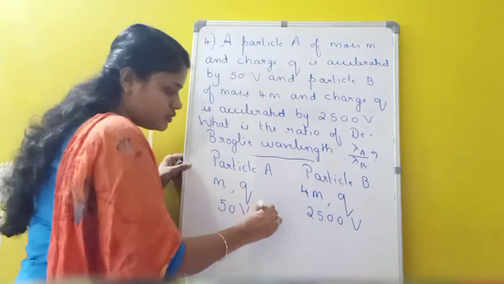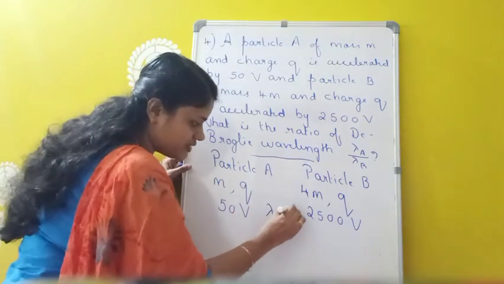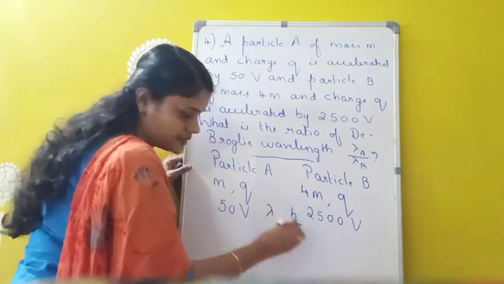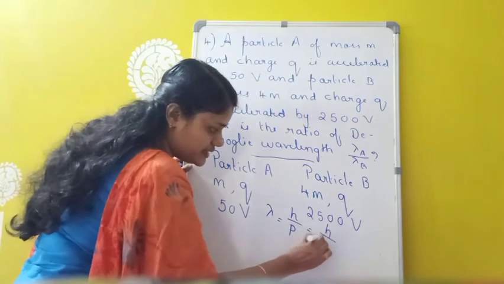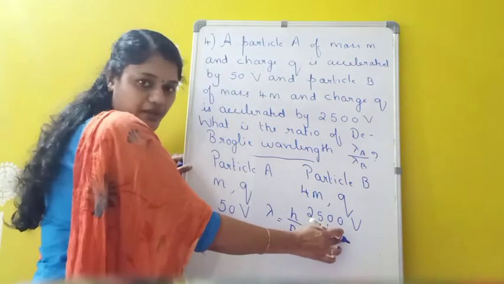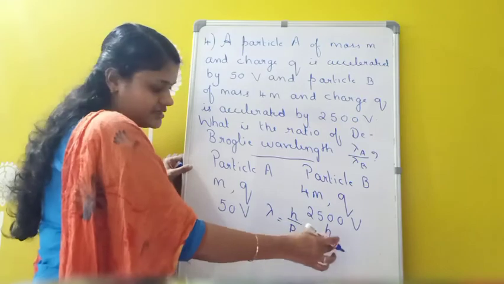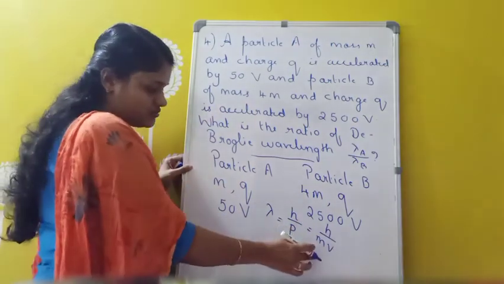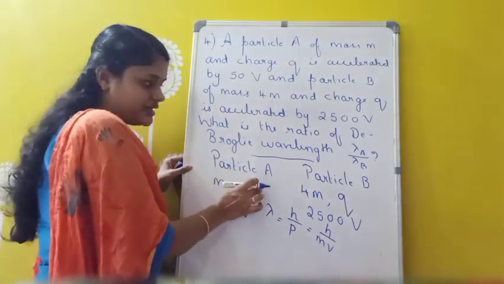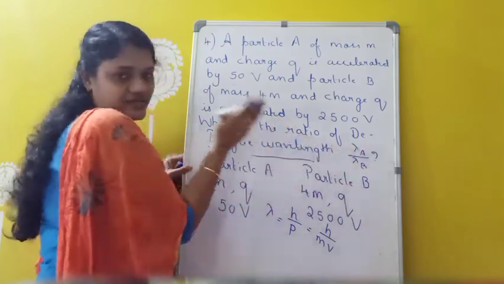Okay, the de Broglie wavelength formula is lambda equals h by p. P is the momentum, so it can be written as h by mv, where h is the Planck's constant, m is the mass, and v is the velocity. So we have to find the de Broglie wavelength of particle A and particle B, and find the ratio.